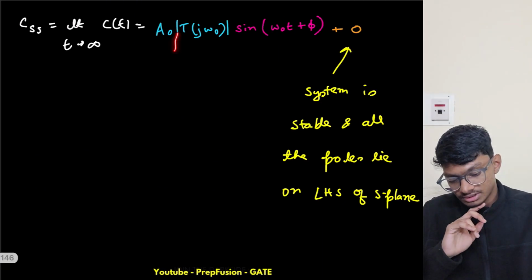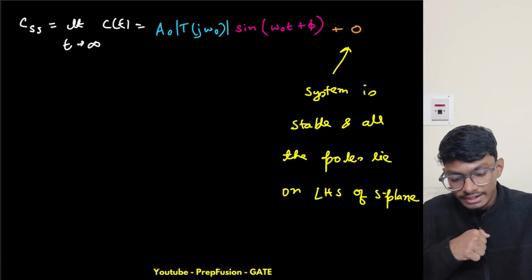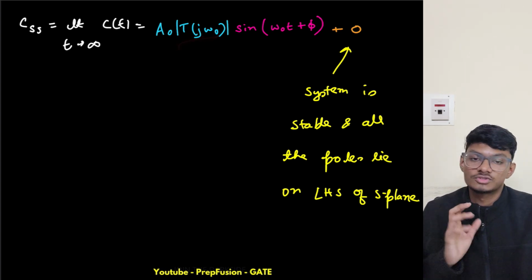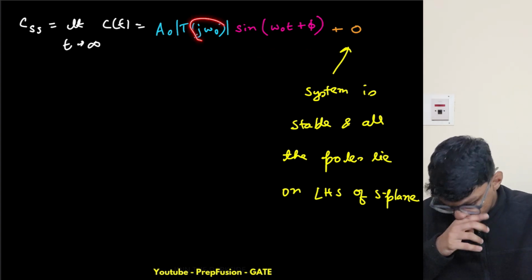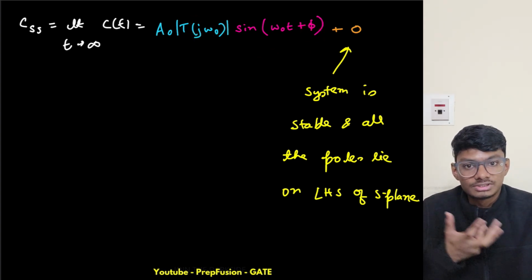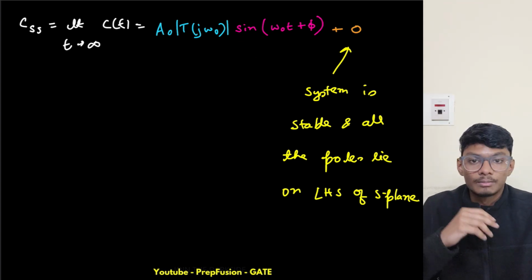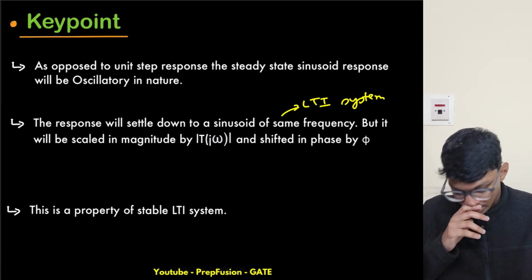A naught is scaled by magnitude T of j omega naught and shifted by some phase phi. Phi and T of j omega naught are obviously functions of the input frequency itself. This is what the system does: it shifts the sinusoid by some angle phi and multiplies it by T of j omega naught.